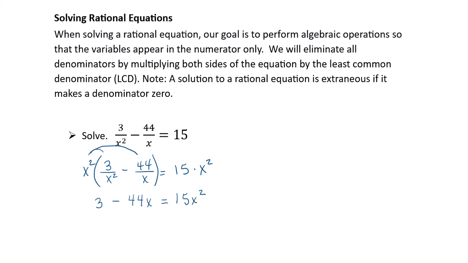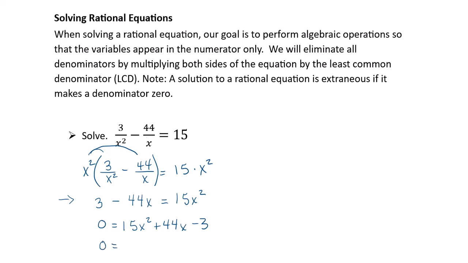All right, now I have a quadratic equation. So it's my job to go ahead and get this all on one side. I'm going to add 44x to both sides and subtract 3, and that leaves me with a 0 on the one side. Let's see if we can factor this.